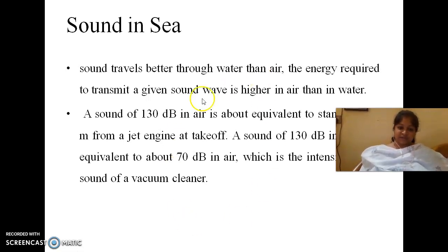An example is also given, where 130 decibels in air is about equivalent to 100 meters from a jet engine at takeoff, while a sound of 130 decibels in water is equivalent to 70 decibels in air.